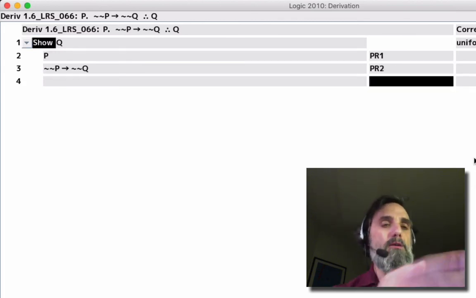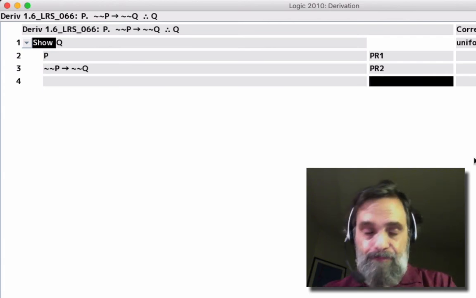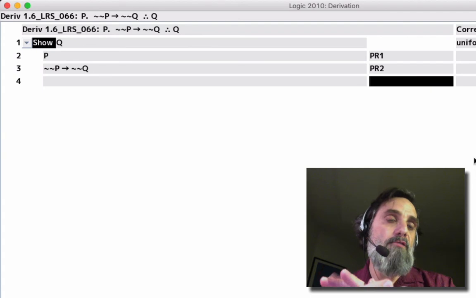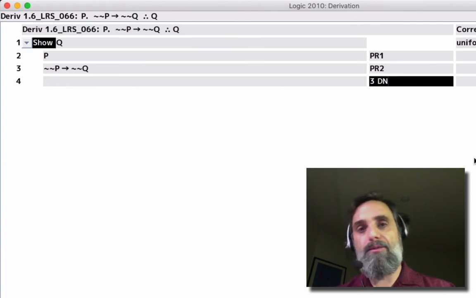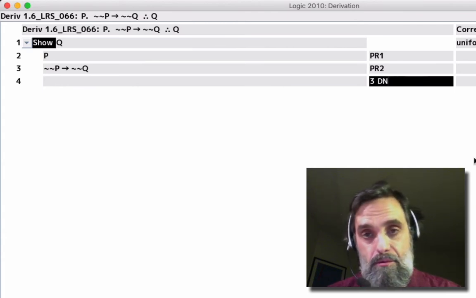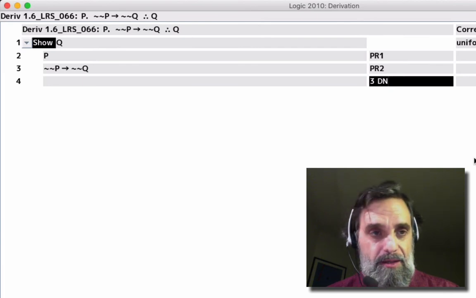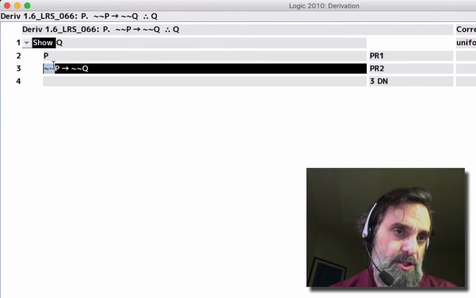You might think, okay, I want to do modus ponens with line 3, and I have P on line 2, and I have a double negated antecedent. You might think I would like to apply DN to remove these two, so that and that will be the same.